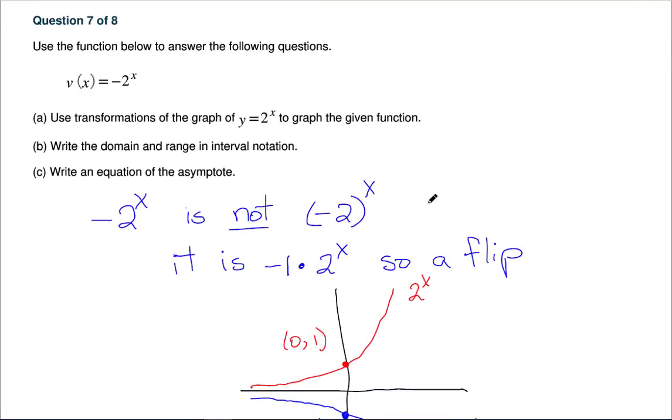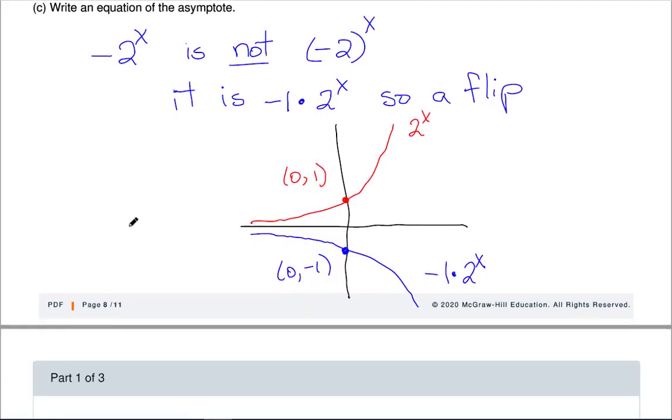Question 7. Question 7 has that thing we talked about earlier, minus 2 to the x. What comes first here? Well, not the minus. Minus 2 to the x is not minus 2 raised to the x. What it is is minus 1 times 2 to the x, and so it's just a flip about the x-axis.